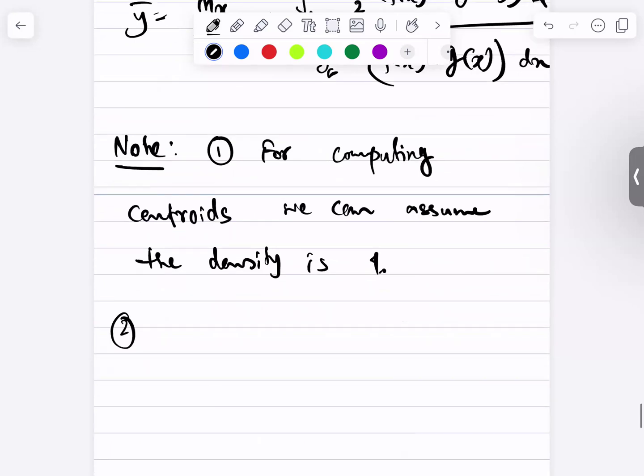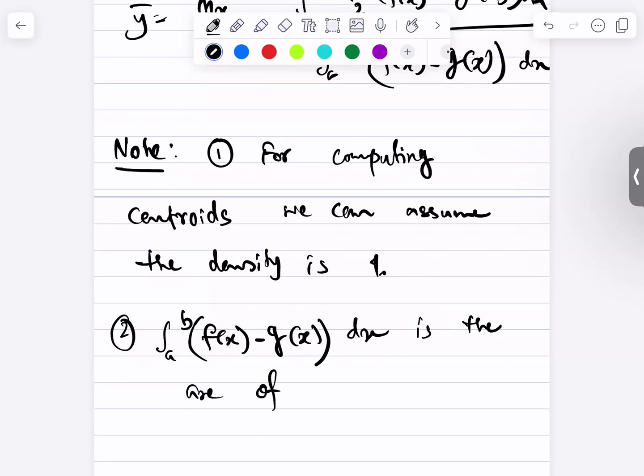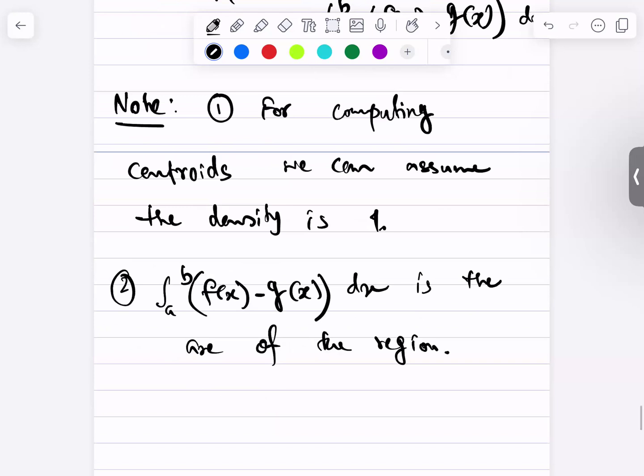And the other thing is, remember, f(x) minus g(x) dx is the area of the region, right? So sometimes if you know the area of a region from your knowledge, for example, a circle, you do not have to calculate it. You can basically use pi r squared or something.